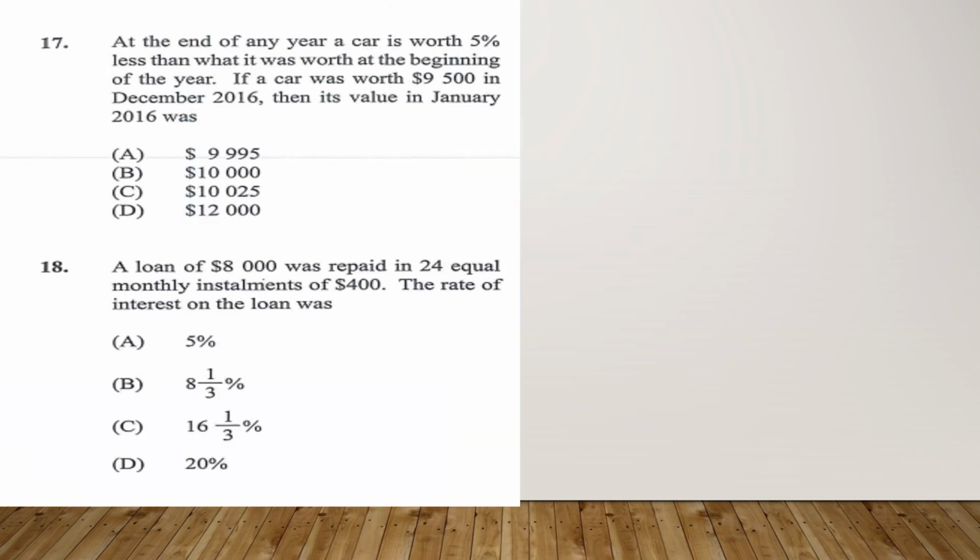Number 17, it says at the end of any year, a car is worth 5% less than what it was worth at the beginning of the year.